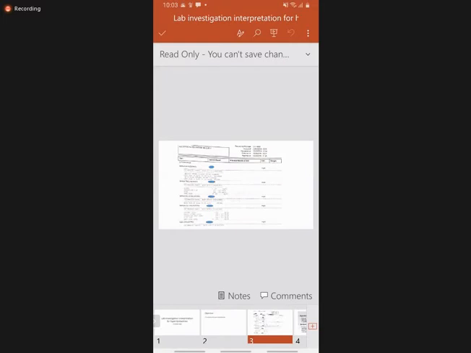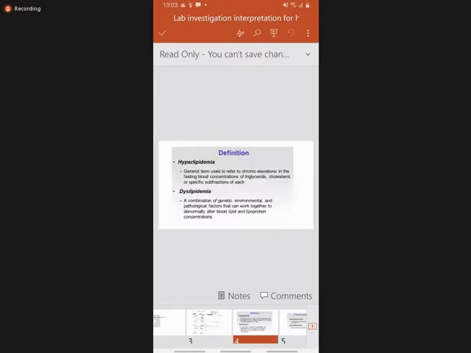So when we suggest a lipid profile to a patient, we are observing these parameters: cholesterol, triglycerides, HDL, LDL, and VLDL levels.